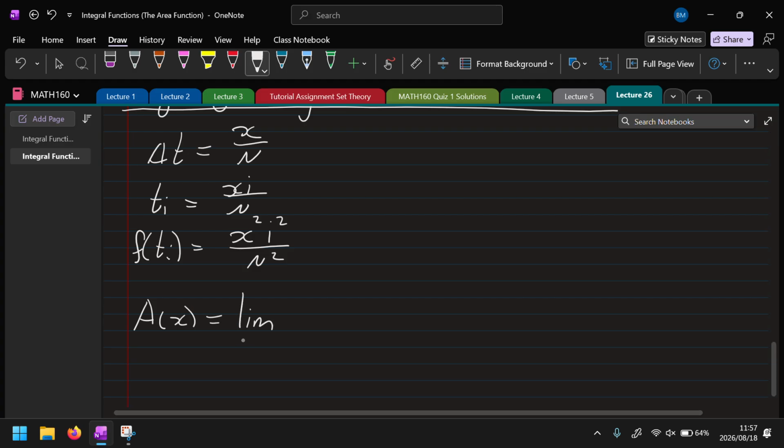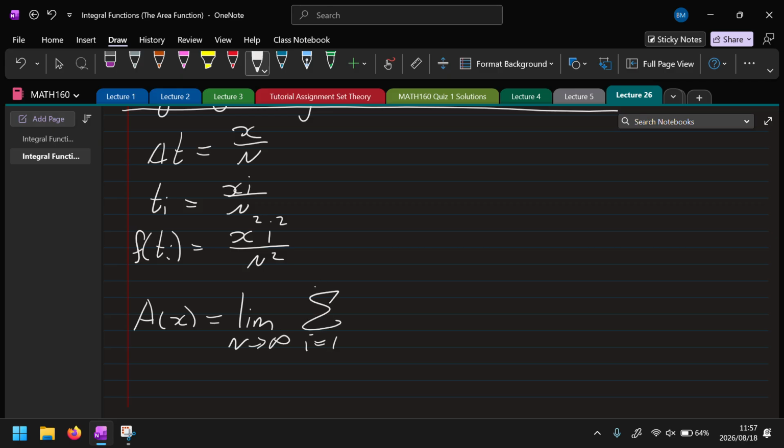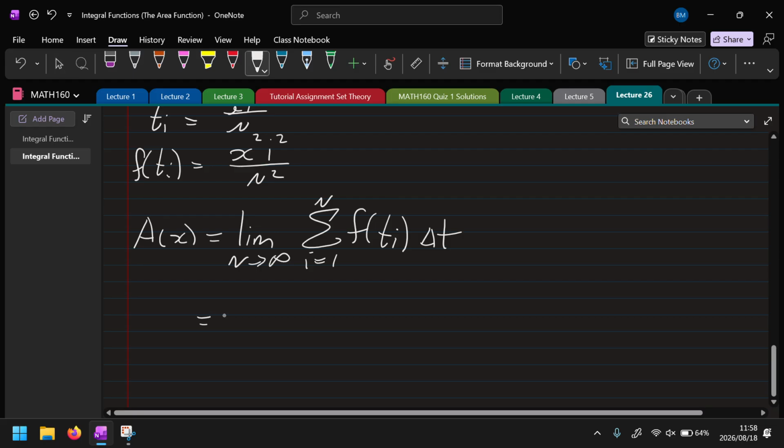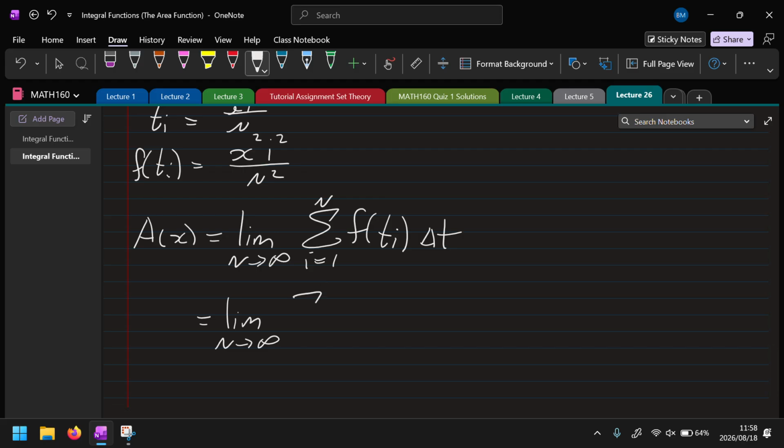So we have the limit, n goes to infinity. The sum, i goes from 1 to n. F of ti, not xi, delta t. So it's the same formula. Again, we just have a different variable there. So this will be the limit, n goes to infinity, the sum, i goes from 1 to n.